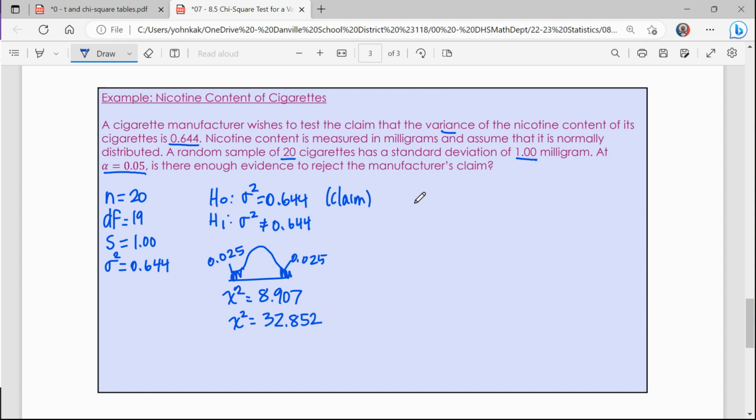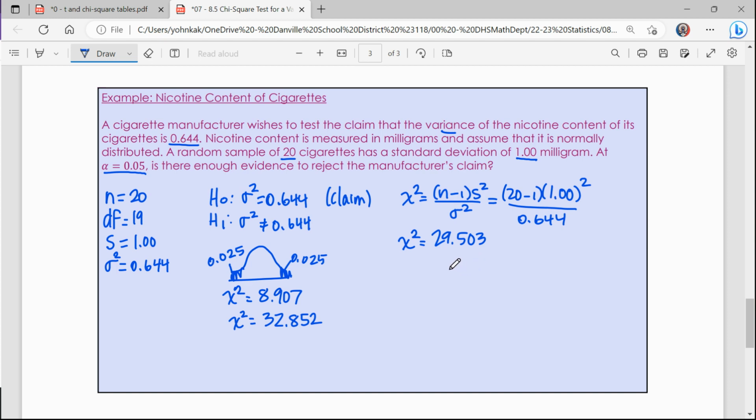All right, so when we do our test statistic, chi-squared equals n minus 1 times s squared over sigma squared, we have 20 minus 1. Our s is 1.00 squared. And we already have our sigma squared, 0.644, so I don't have to square that. If I type this into my calculator and round to 3 decimals, like my critical value, I get 29.503.